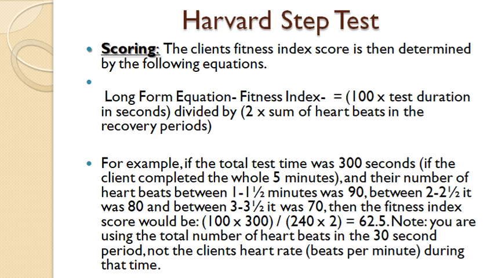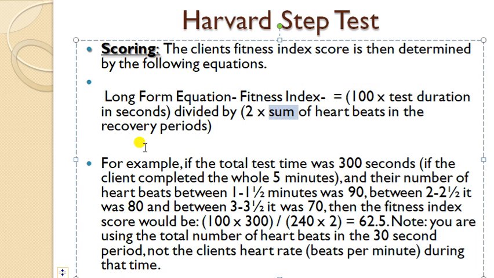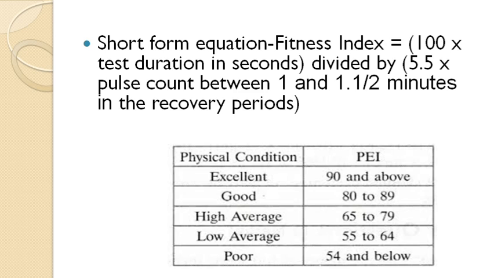After completing the test, we put the test duration in seconds and the sum of the heartbeats in a formula. We have two formulas, long and short. We discussed these topics.